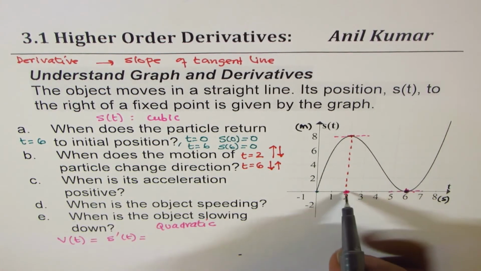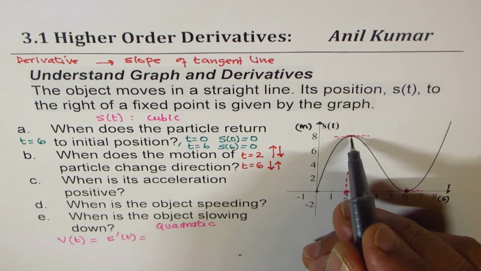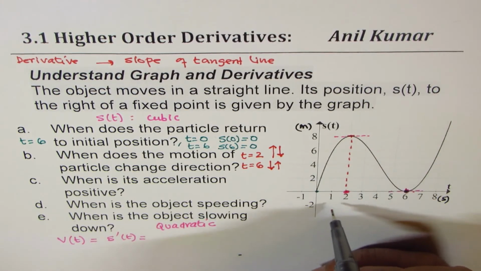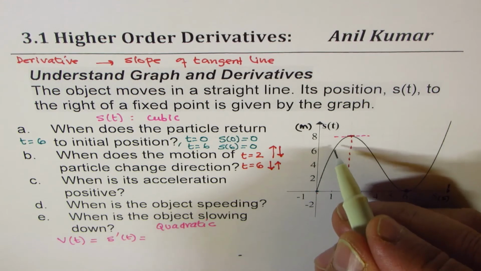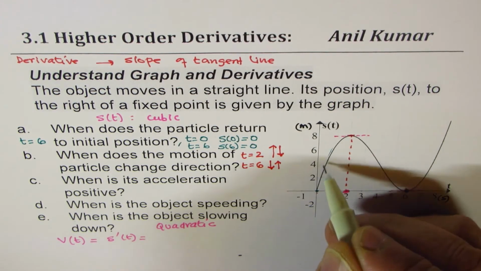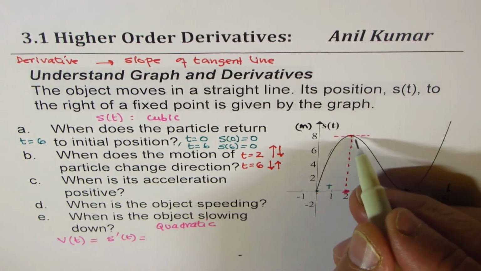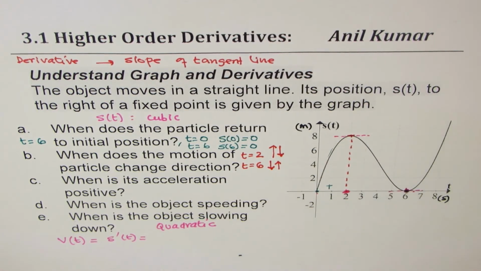With these two zeros, we also know one thing, that from 0 to 2, the tangent is positive. Do you see that? So here the tangent is positive. It is increasing. That means velocity is positive in this portion. Since the tangent is negative in this portion, velocity should be negative.